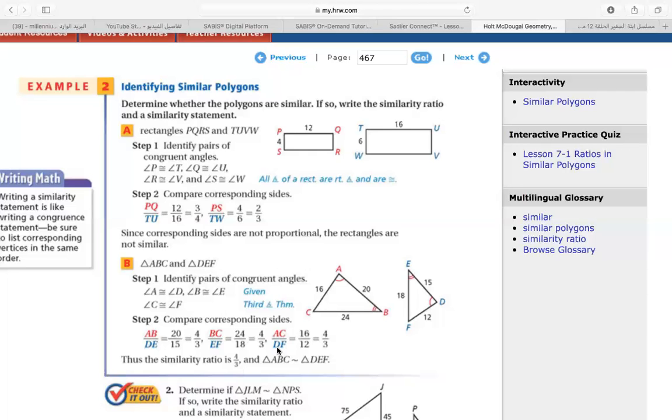It will be 3 over 4, 3 over 4, 3 over 4. No problem. It will give me the same ratio. I want to reach the same ratio. But if one time you choose FD over AC, and then you choose the first triangle over the second triangle, you understand?